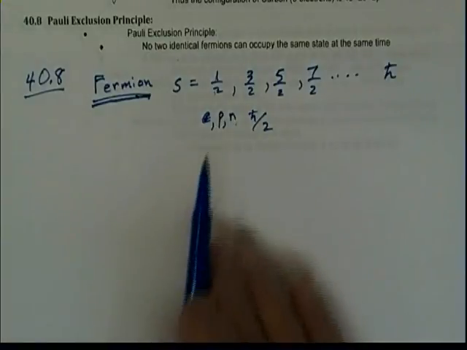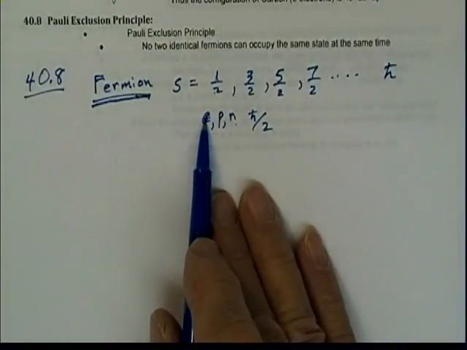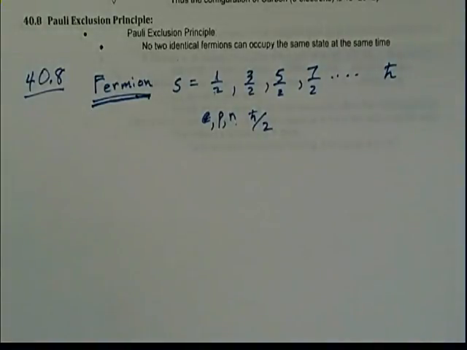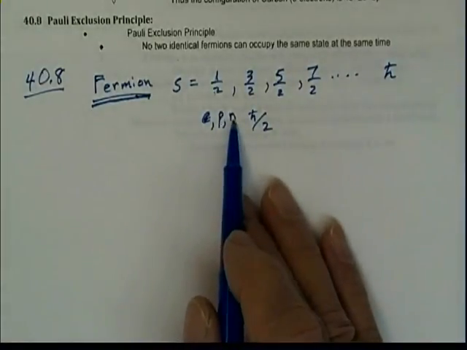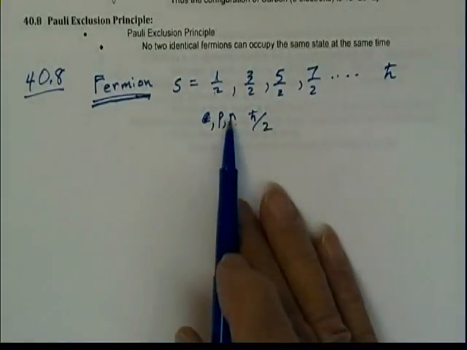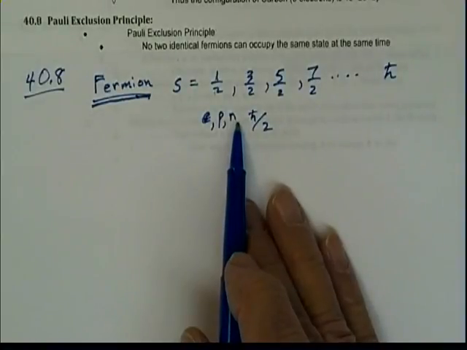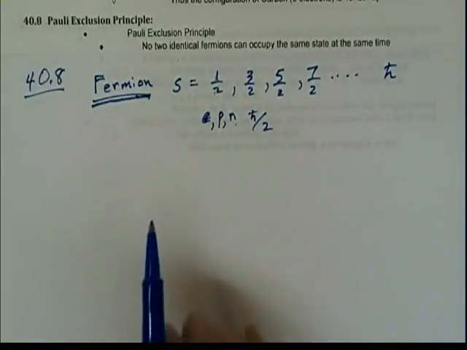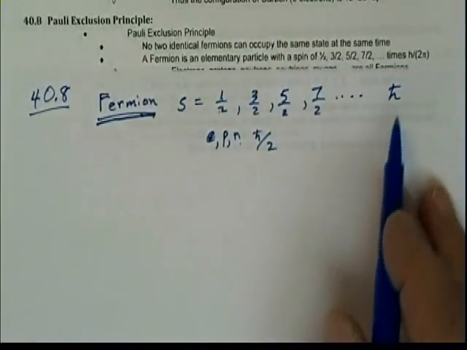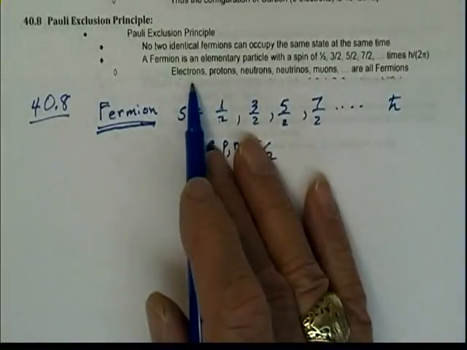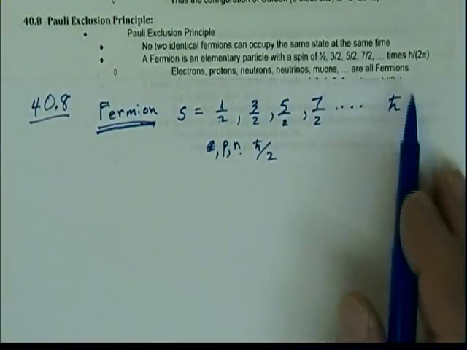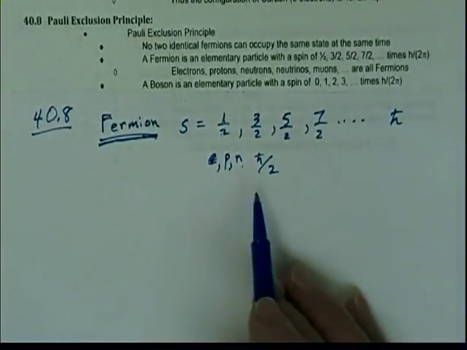So just as the electrons coupled with the Pauli exclusion principle gave us certain levels in the atom, the fact that we have protons and neutrons that are also fermions also gives us a shell structure in the nucleus, because they can only get so close to one another or in the same orbit. So here I've listed these fermions as particles like this, and this includes the electrons, protons, neutrons, but also neutrinos and muons. All of these are fermions.